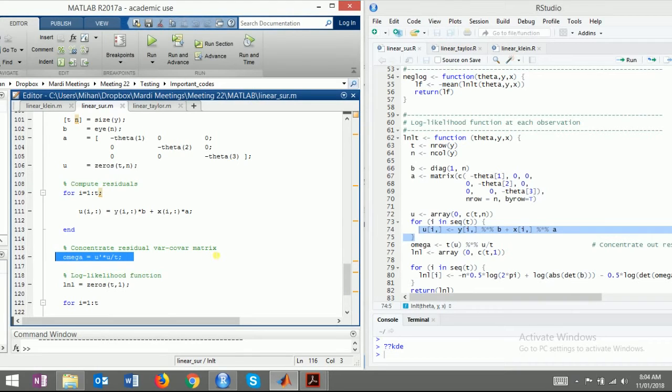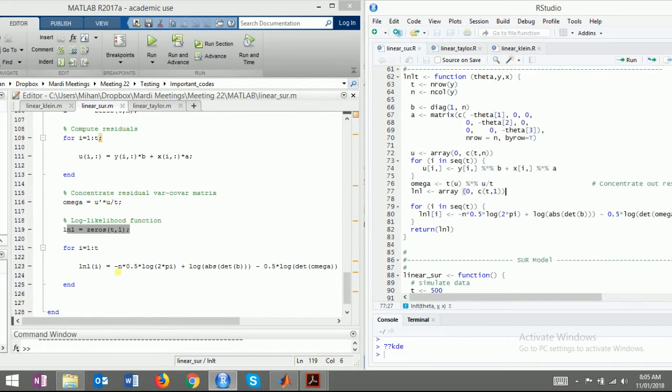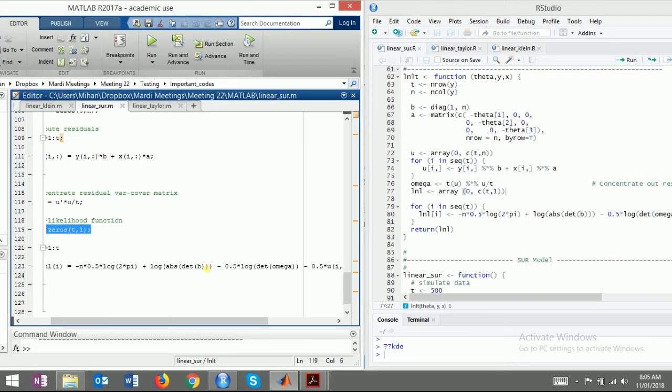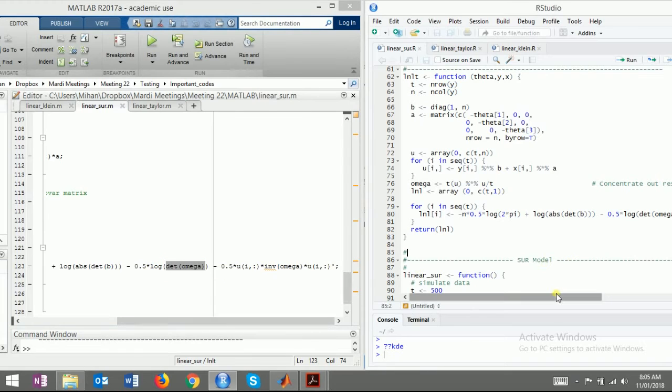From the residual we concentrate out omega, u transpose u divided by T. Then we estimate the log likelihood function using omega. The log likelihood function requires log pi, B is already estimated, the determinant of B and the determinant of omega, remember we need that. Everything remains the same.